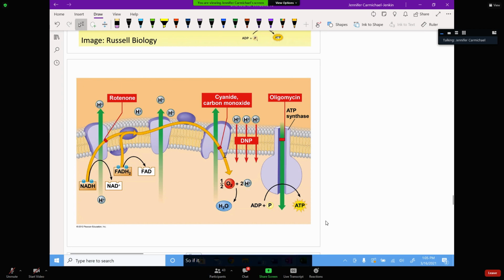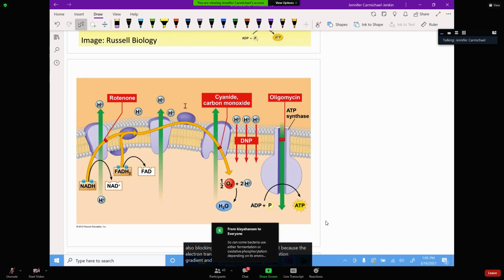If it blocks this continuation of electron transport, it's also blocking the pumping of hydrogen, right? Because the electron transport chain is driving the concentration gradient. And if you don't do that, you don't get to make any ATP. So your cells starve, basically, from carbon monoxide poisoning.